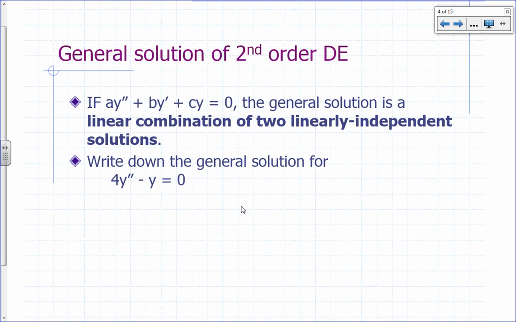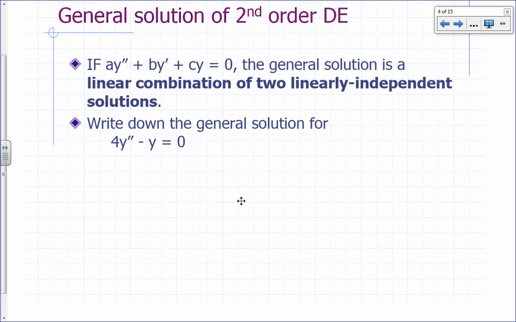Now, the general solution of a second order differential equation is a linear combination of two linearly independent solutions. Okay? This is a second order differential equation. That means the highest derivative is a second derivative, right? When we're solving it, we're integrating twice to get back the function, right?